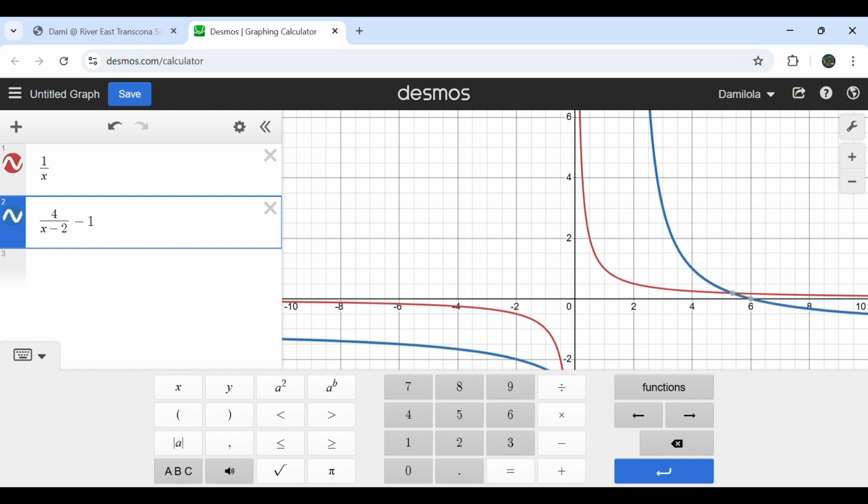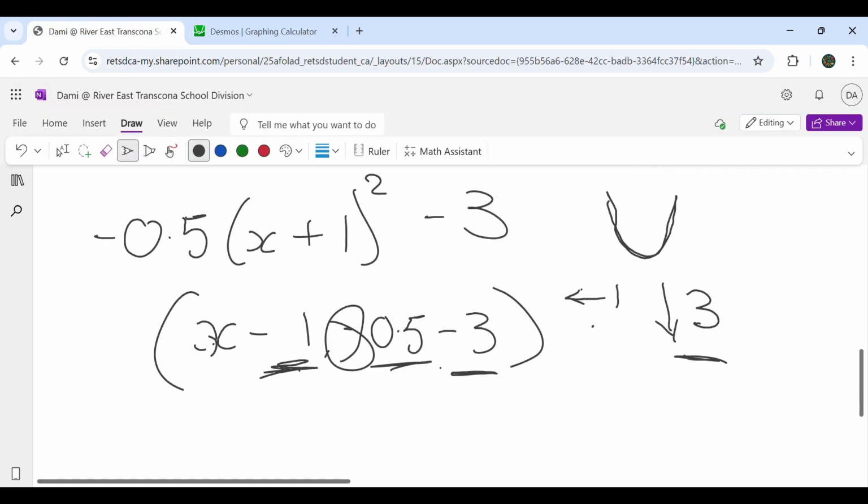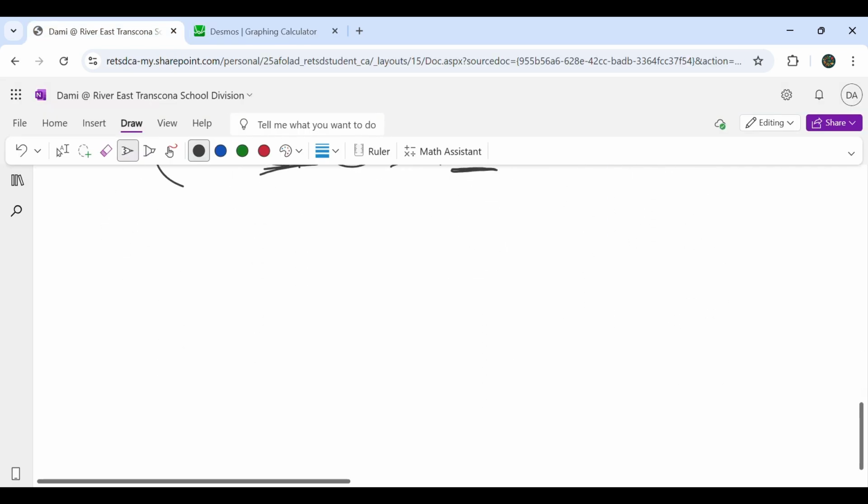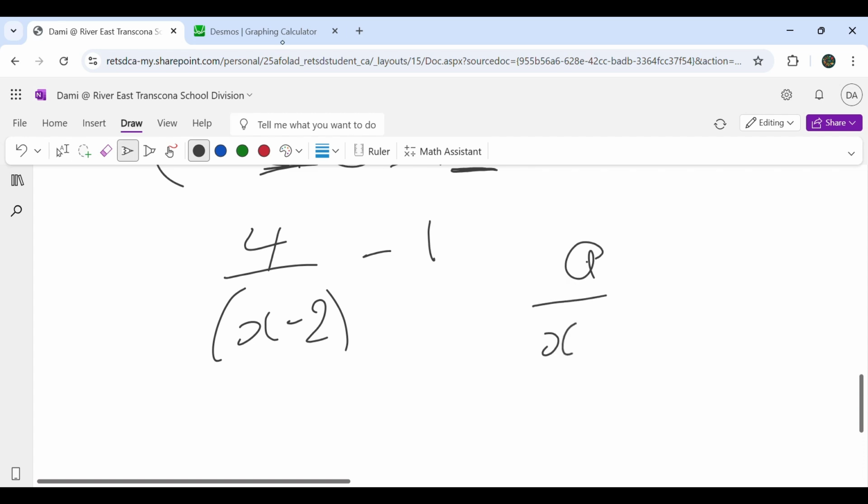4 over x minus 2, minus 1. So mapping this, you guys already saw the graph, but okay. 4 over x minus 2 minus 1.